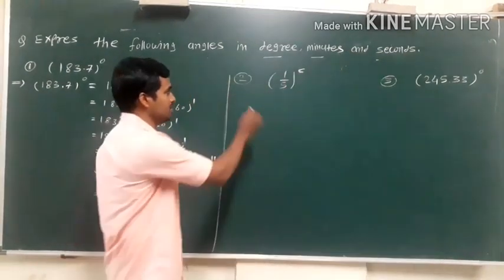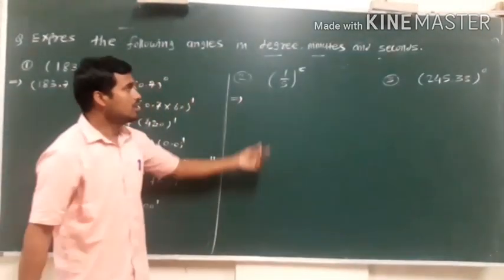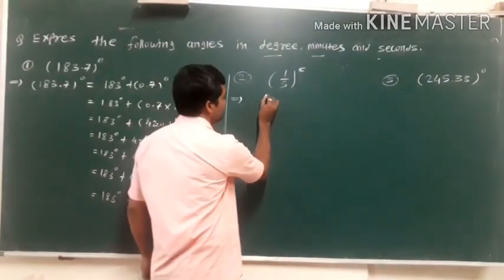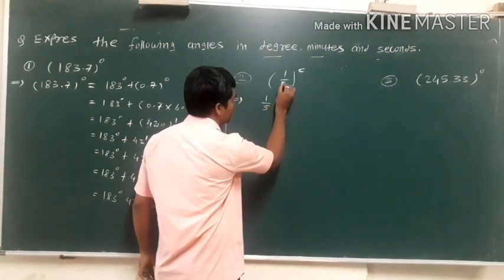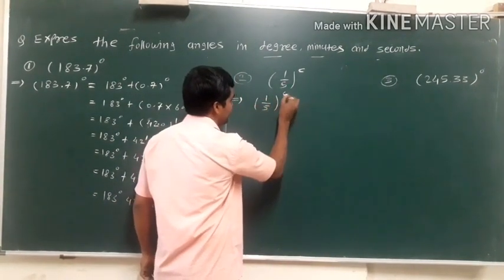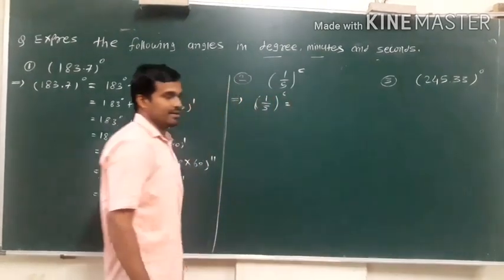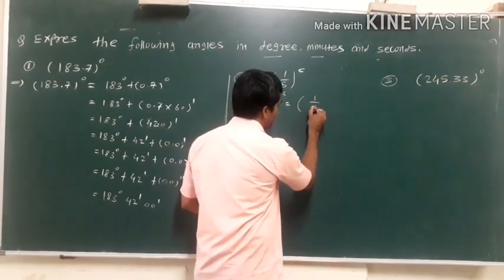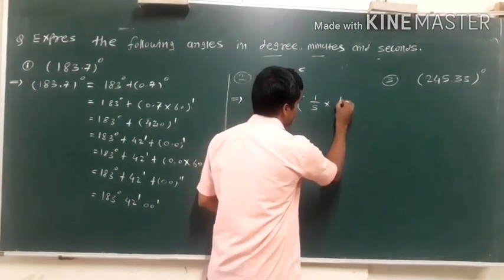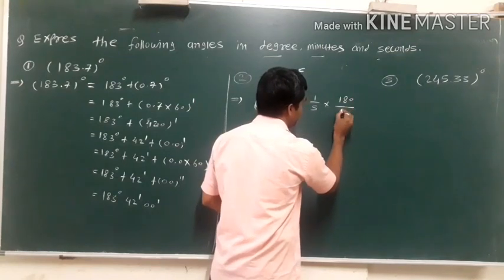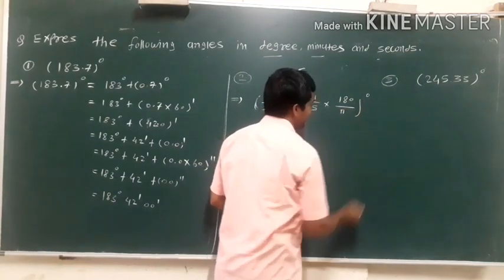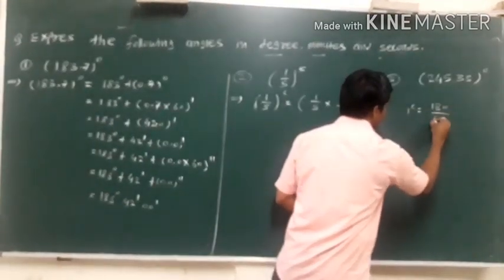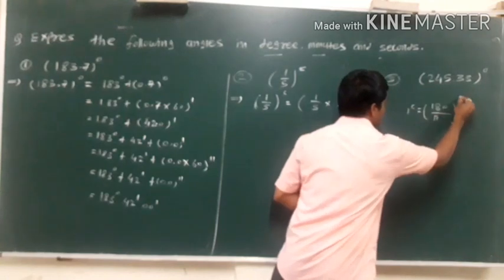So the example number second: 1/5 radian to convert into degree. First, 1/5 multiplied by 180/pi to convert to degree. 1 radian is equal to 180/pi degree.